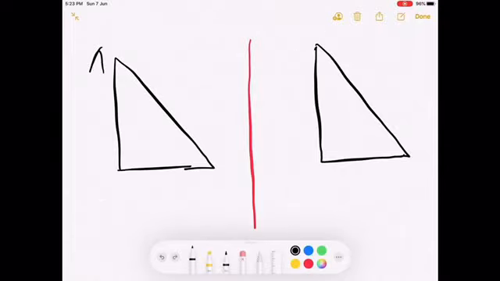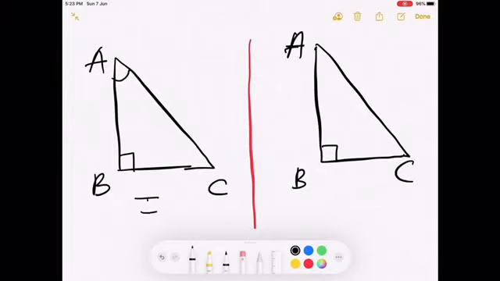There are two triangles here. Both are triangle ABC. In both the triangles, angle B is the right angle. In the first figure, I am taking angle A as the angle of reference, and in the second figure I am taking angle C as the angle of reference.